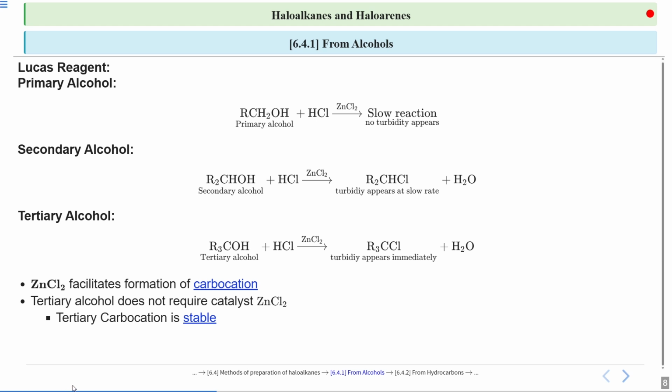So basically, in the reaction of tertiary alcohol with hydrogen chloride, you don't need zinc chloride, because this reaction can even happen just by shaking the alcohol with concentrated HCl.